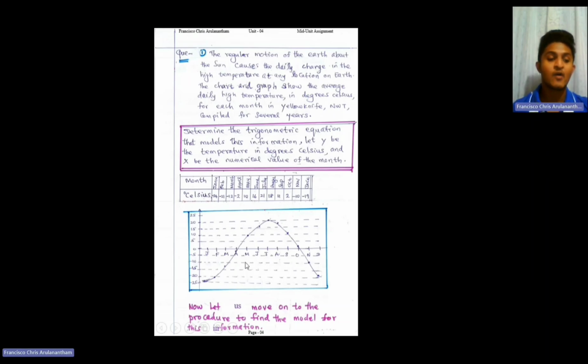The graph of a trigonometric function is given here, where temperature is in y-axis and months in x-axis. Now let us move on to the procedure to find the model for this information.